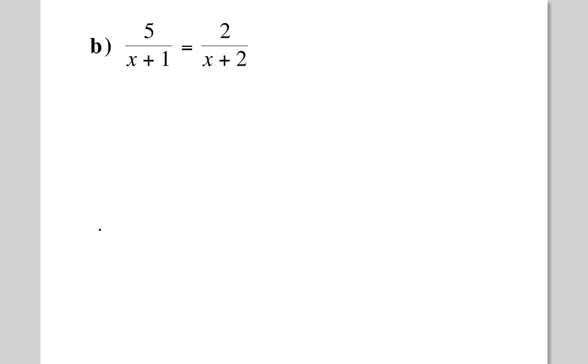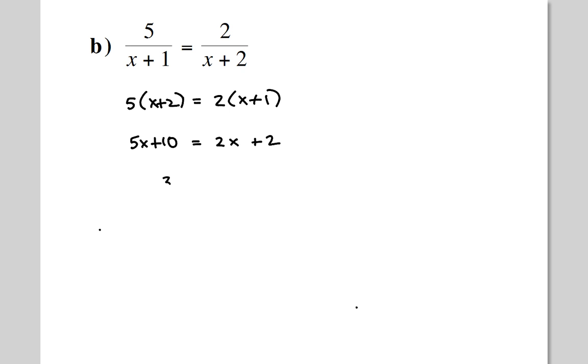So what are we timesing? 5x plus 2, and be careful about brackets. You're multiplying that whole term. And 2x plus 1. You with us back there, Kyle? Okay, so multiplying the 5 in, you get 5x plus 10. Multiplying the 2 in, you get 2x plus 2. And then you're laughing because this is very basic stuff, like junior high stuff. Get the x's on one side, the number on the other.